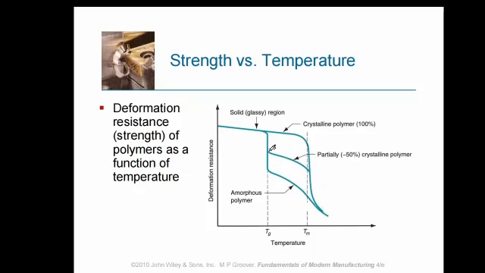And then for partially crystalline polymers, initially the resistance matches that of crystalline, but it sharply falls below that of crystalline. And then for amorphous polymers, the resistance also falls sharply and below the other two types. So the crystalline are more resistant to deformation than the amorphous types.